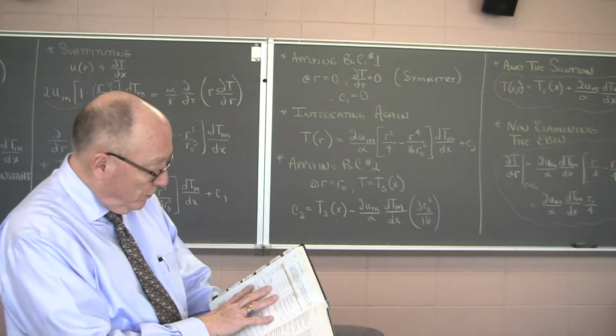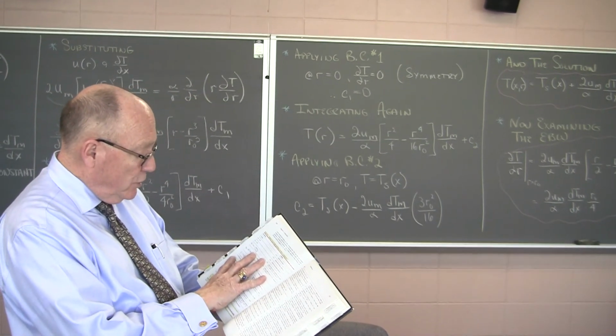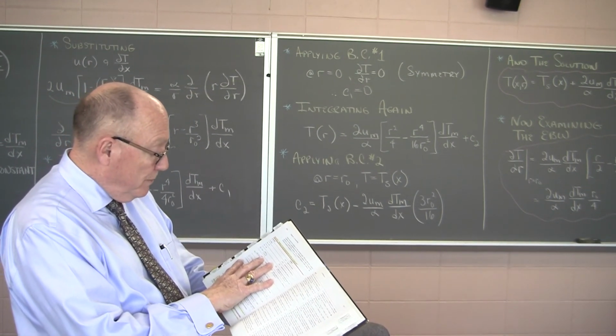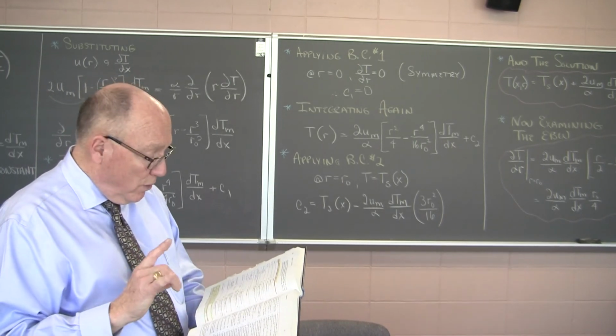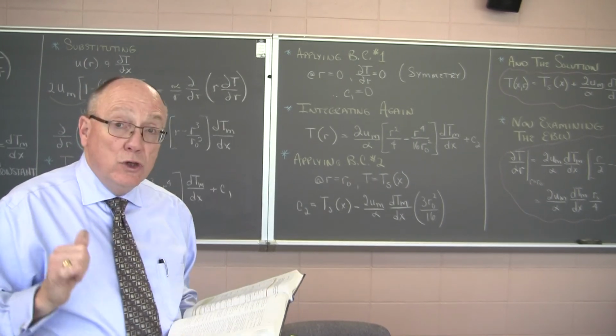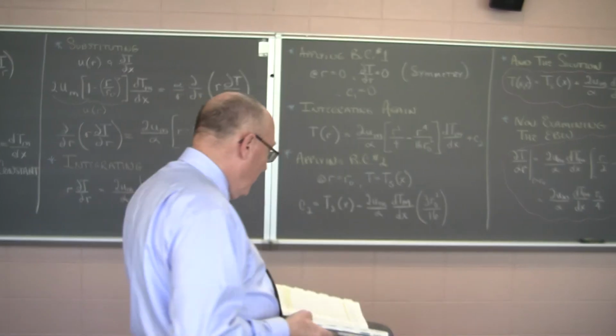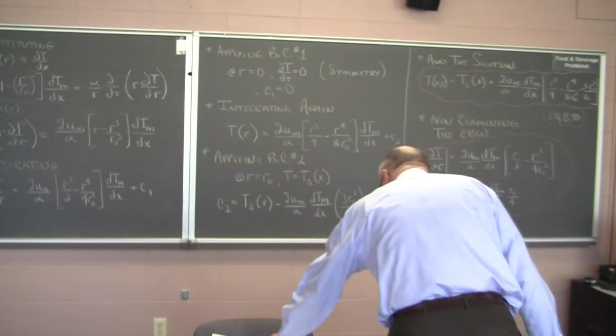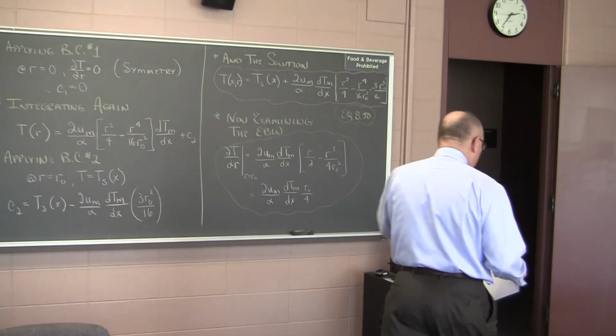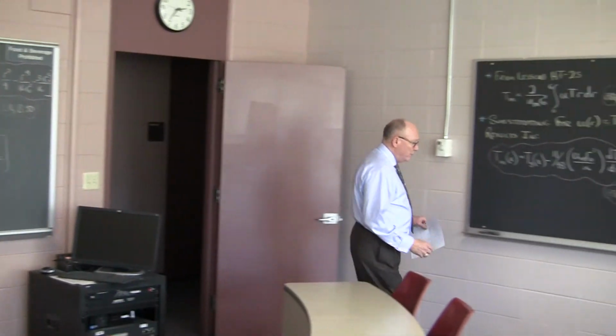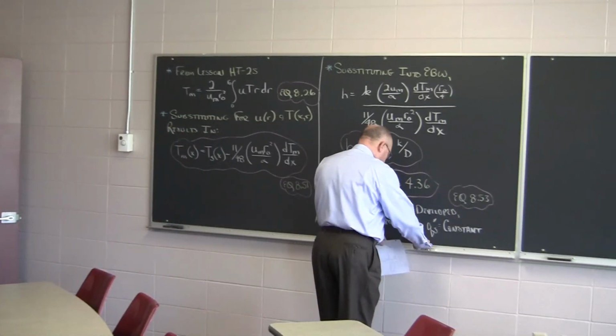You can see, if you look down to the next line, that the Nusselt number is equal to 3.66 for laminar flow, fully developed, with a uniform surface temperature. The derivation of that is similar in nature to what we just did, but we don't have time to go through all that today.